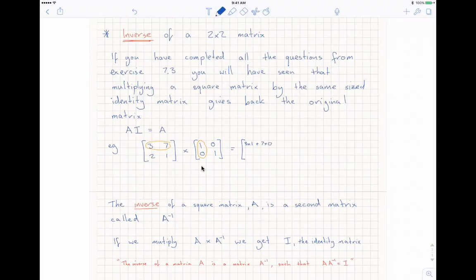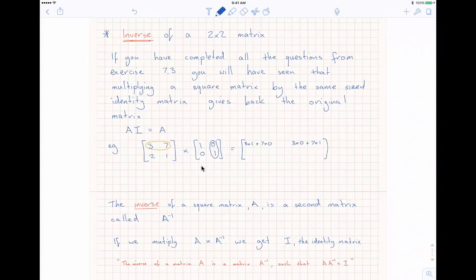Then we multiply the 3 and 7 by the second column of the second matrix. So we're going to multiply by this column this time, so that we have 3 by 0, and we're going to add 7 times 1.